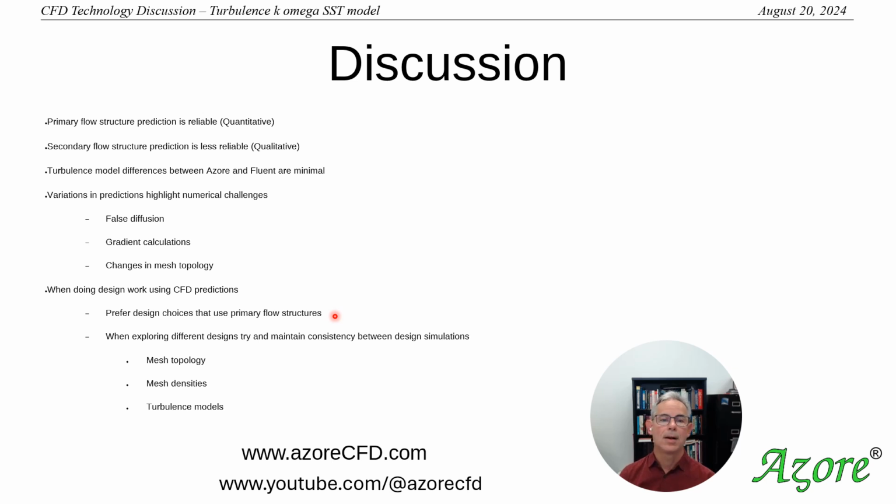So we want to gravitate toward using our primary flow structures when doing design work. When exploring different design simulations, we want to maintain consistency between our mesh topologies and mesh densities, and certainly we don't want to change turbulence models in the middle of our design work if we're doing comparisons between one design and another.